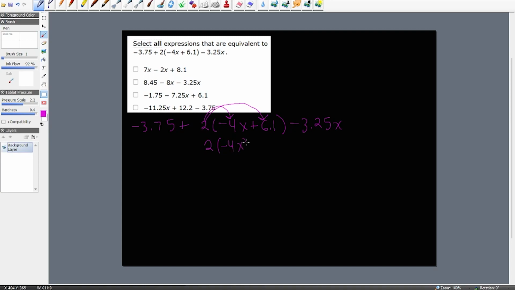So 2 times negative 4x plus 2 times 6.1, and then I'm just adding on those other terms that we didn't change. 2 times negative 4x is negative 8x, plus 2 times 6.1. You'll find that that comes to be 12.2. I'm going to rewrite my other terms.